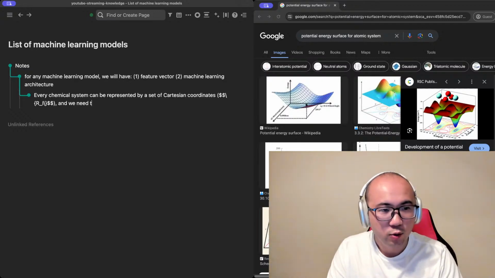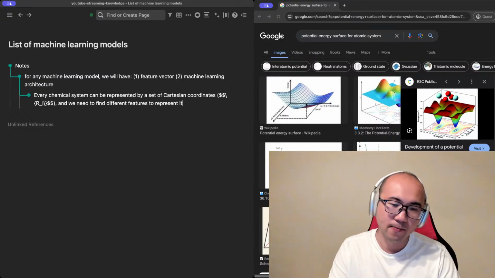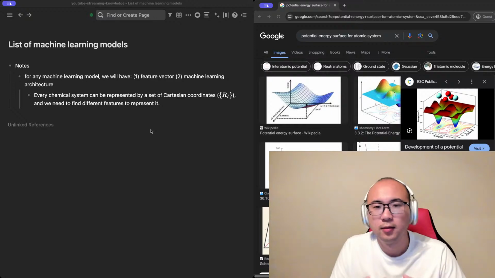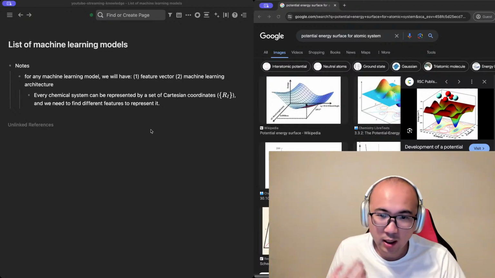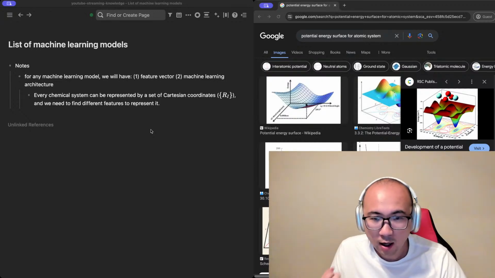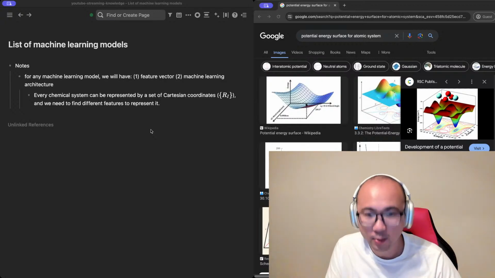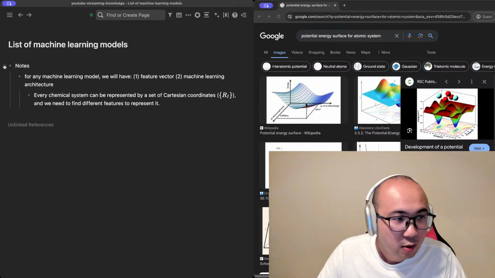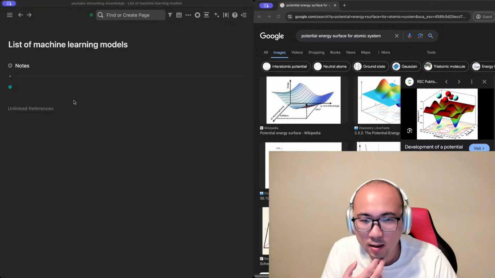And we need to find different features to represent it. So we need features, we need machine learning architectures, and I'm going to organize them in this way. For that, we should read some literature review.